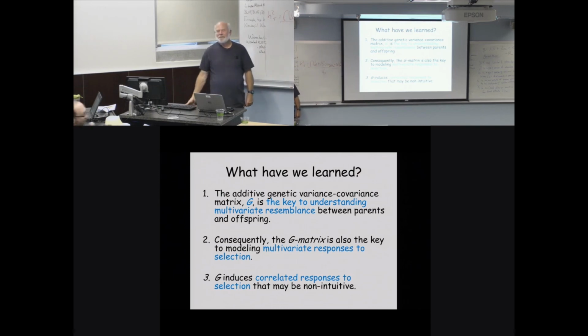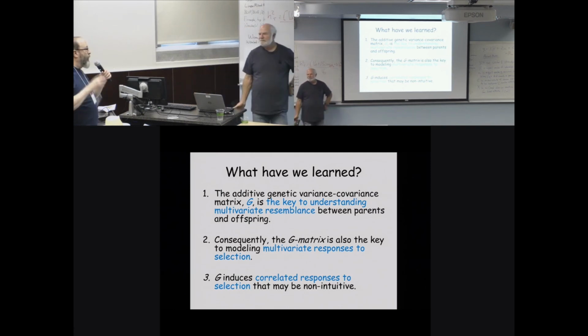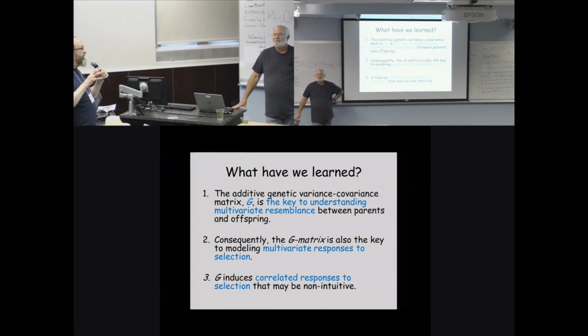Yeah, I mean, it's a dilemma, but there actually is some hope because in the future, when we can get quantitative trait loci for all of our traits, we may be able to detect among a set of covariating traits which ones are under selection.